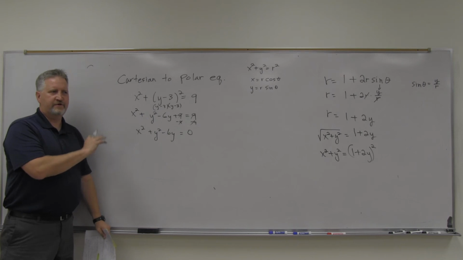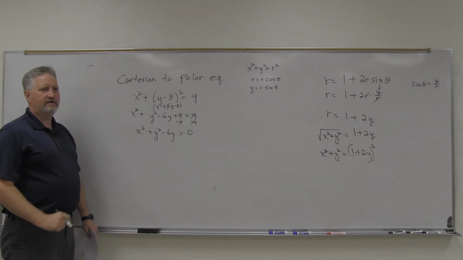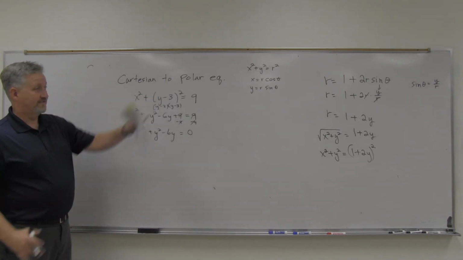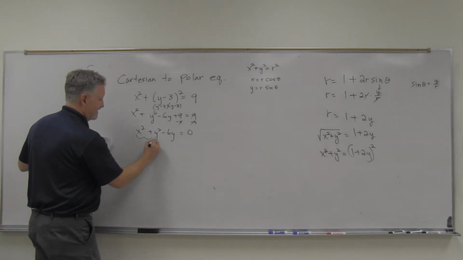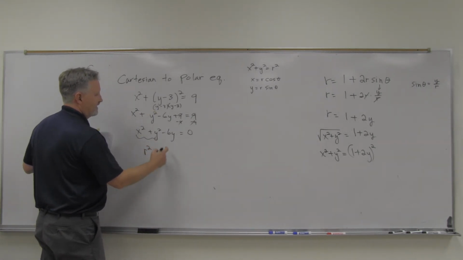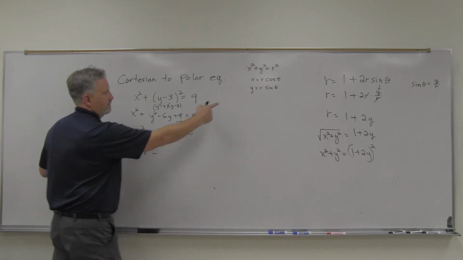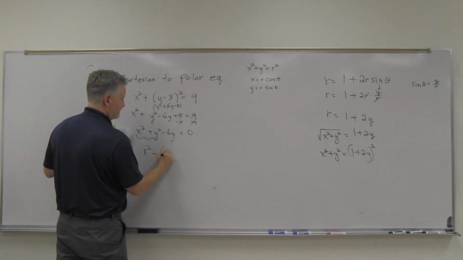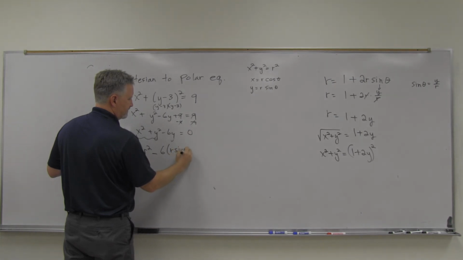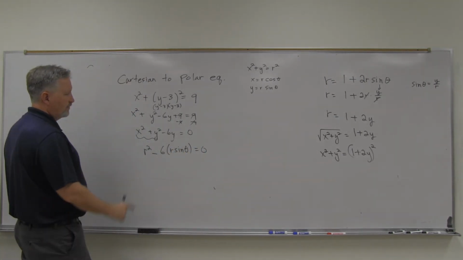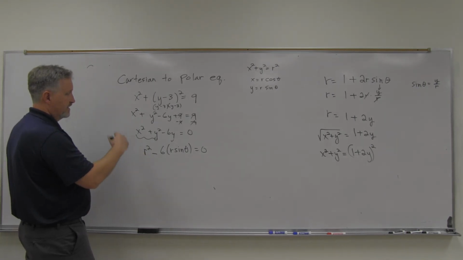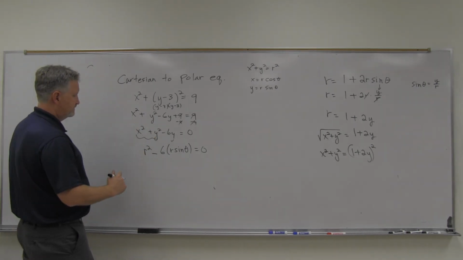If you've got things in terms of x squared, y squared, and y, we've got those tailor-made, right? x squared plus y squared, that's r squared. 6y, well, y is r sine theta. And what they typically do here, again, we like r as a function of theta.